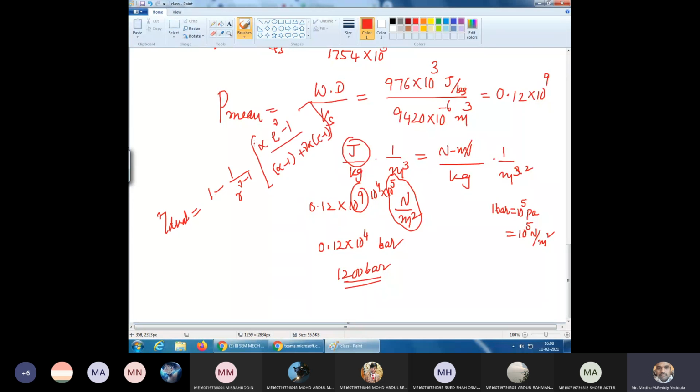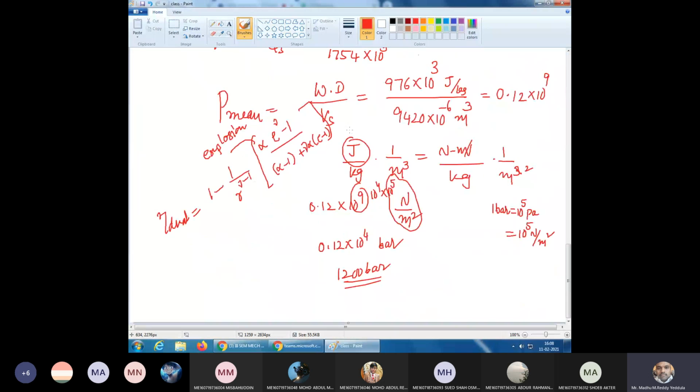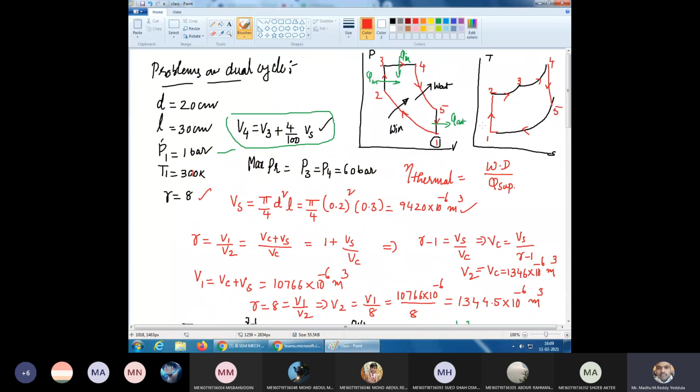Here the new term is alpha. Alpha is the explosion ratio, that is pressure at the end of heat addition by pressure at the start of heat addition. P3 by P2 is alpha, and the cutoff ratio here is V4 by V3. That is for air standard efficiency. But for thermal efficiency, if you know the heat supplied and heat rejected, we calculate heat supplied minus heat rejected by heat supplied, which gives the thermal efficiency.